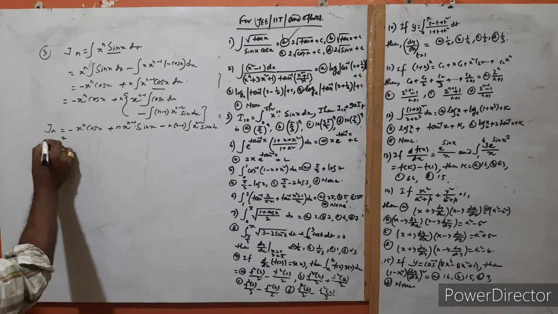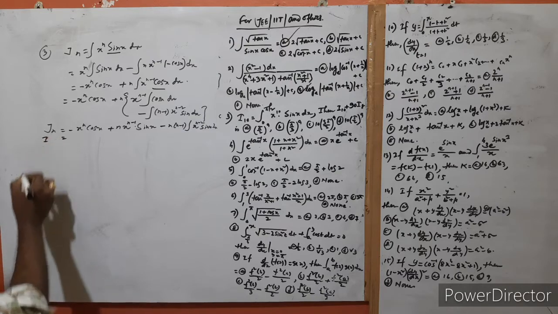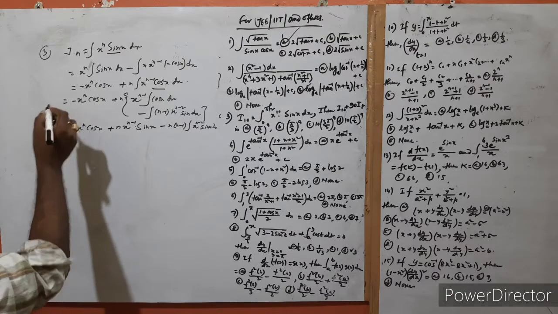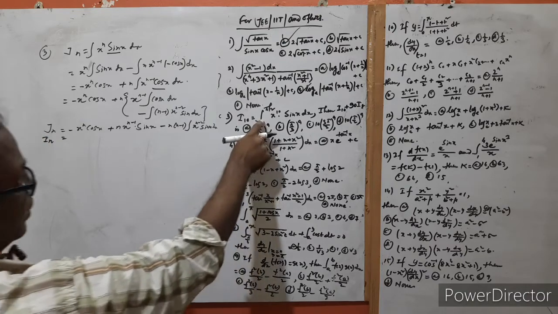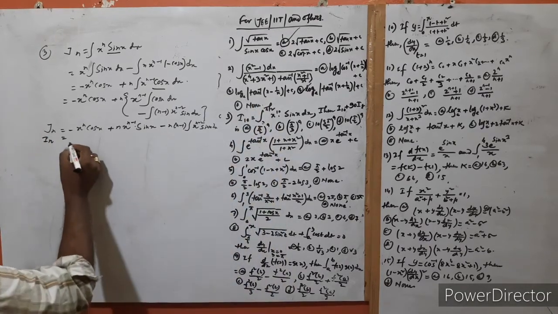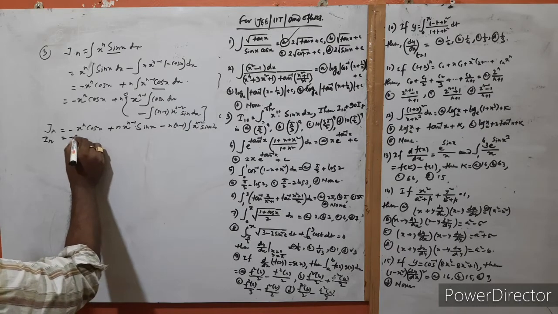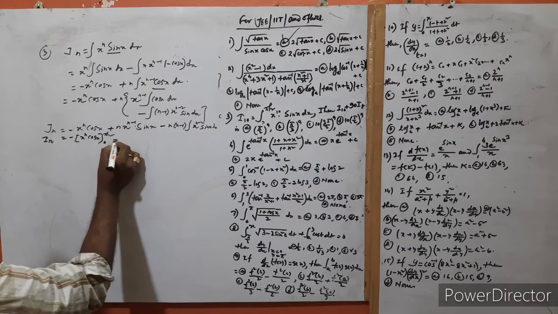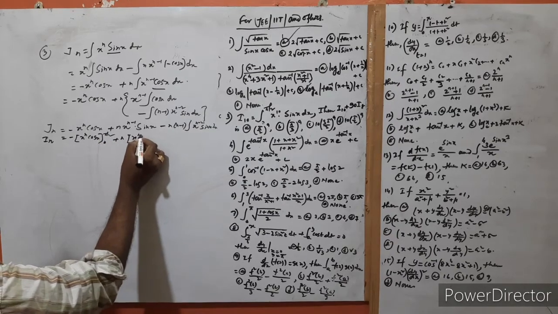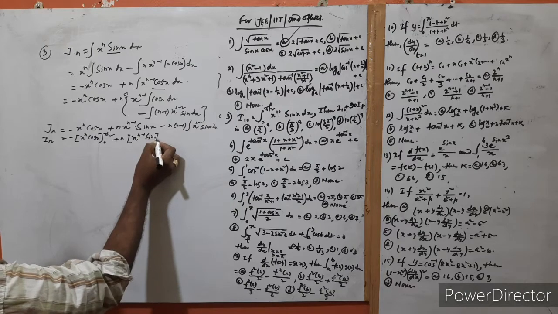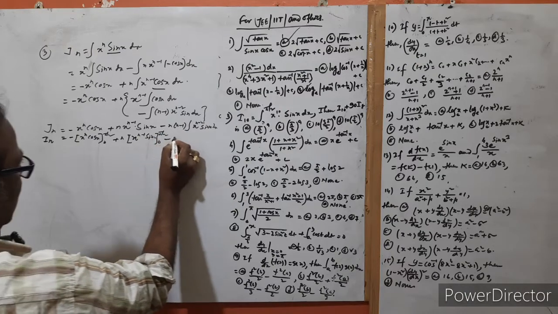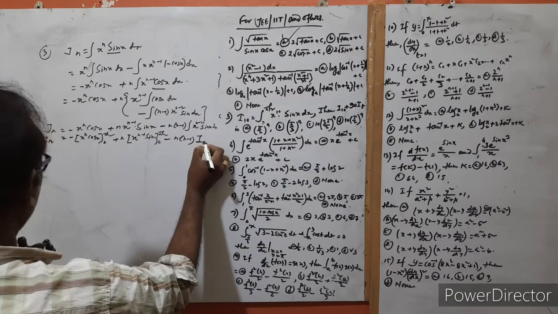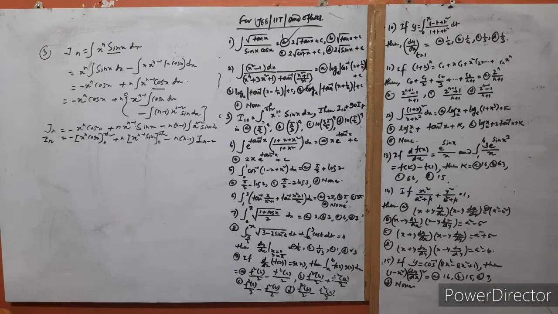Now we want to use I_n, with the limit 0 to pi by 2. The question here is 0 to pi by 2, so we can use the limits: x to the power n cos x from 0 to pi by 2, n x to the power n minus 1 sin x from 0 to pi by 2, and n into n minus 1 into I_(n minus 2).